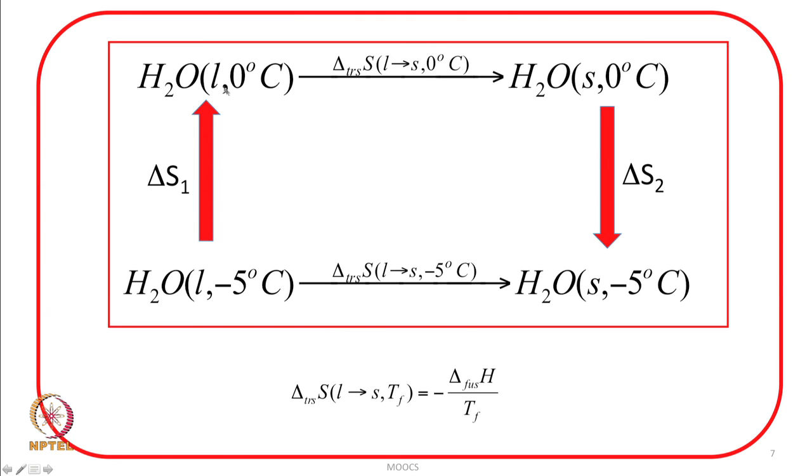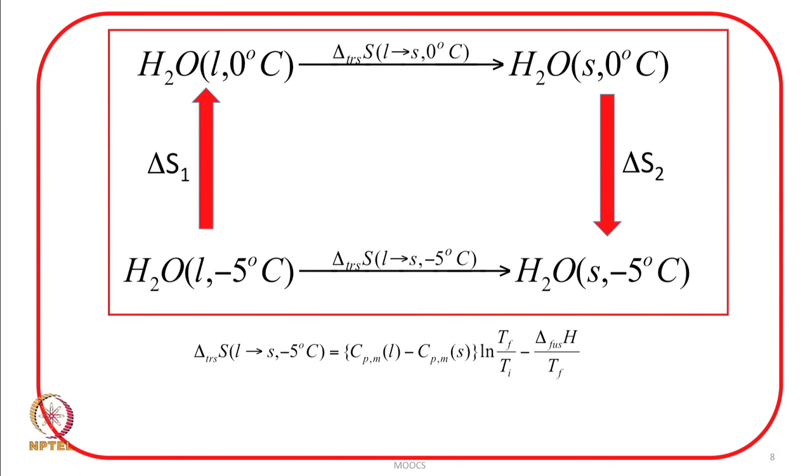Since liquid to solid is the reverse of the fusion process, the negative sign will come, and then you put enthalpy of freezing or enthalpy of fusion divided by the freezing point. Now we will add up all the three, and if you add delta S1 plus delta S2 plus this, we end up with this relation as we just derived in the previous two slides.